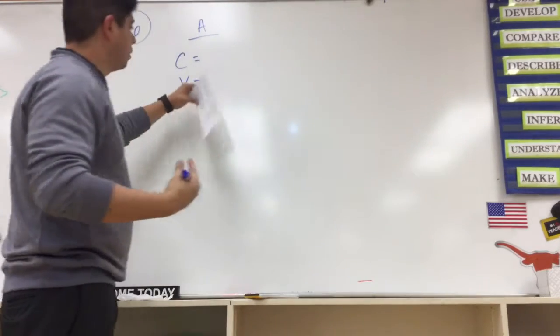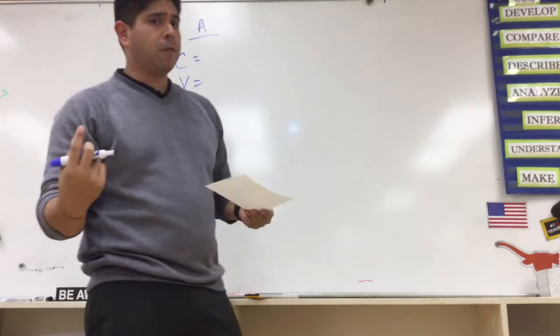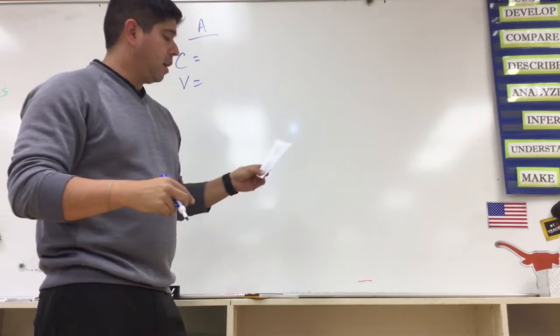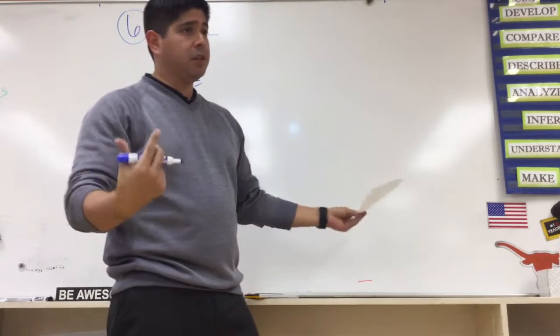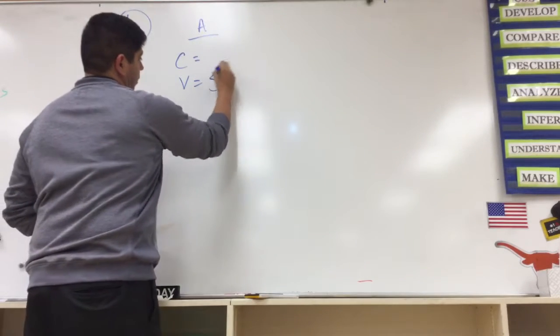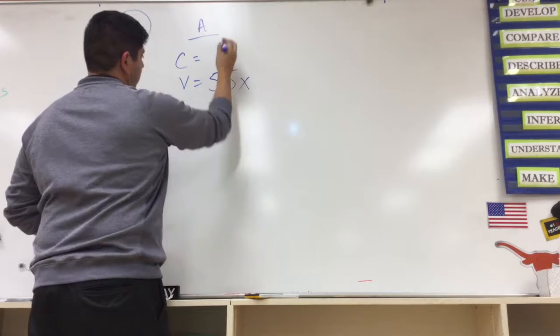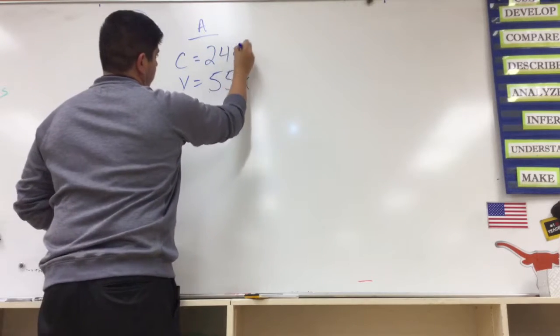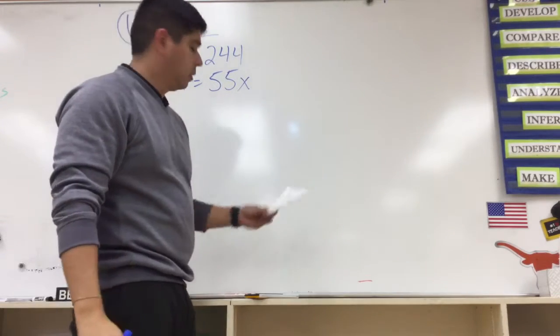So our variable has to go with either 55 or 244. How many miles each hour is he driving? He's driving 55, not 244. So the x is going to go with 55. The constant is 244, because that's what he's already driven.